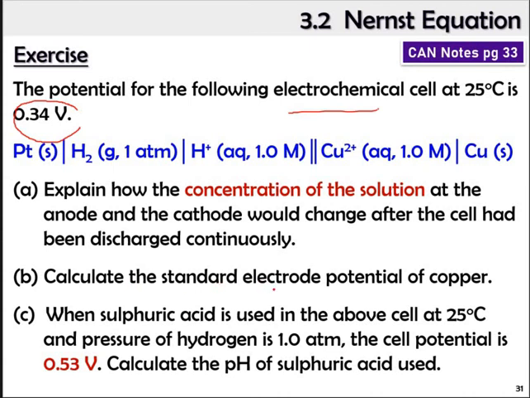B. Calculate the standard electrode potential of copper. And then when sulfuric acid is used in the above cell at 25 degrees C and pressure of hydrogen is 1 atm, the cell potential is 0.53. Calculate the pH of sulfuric acid used. Okay, so sulfuric acid maksudnya acid di sini lah. Okay, dia kacau kat sini. Okay, concentration sini.